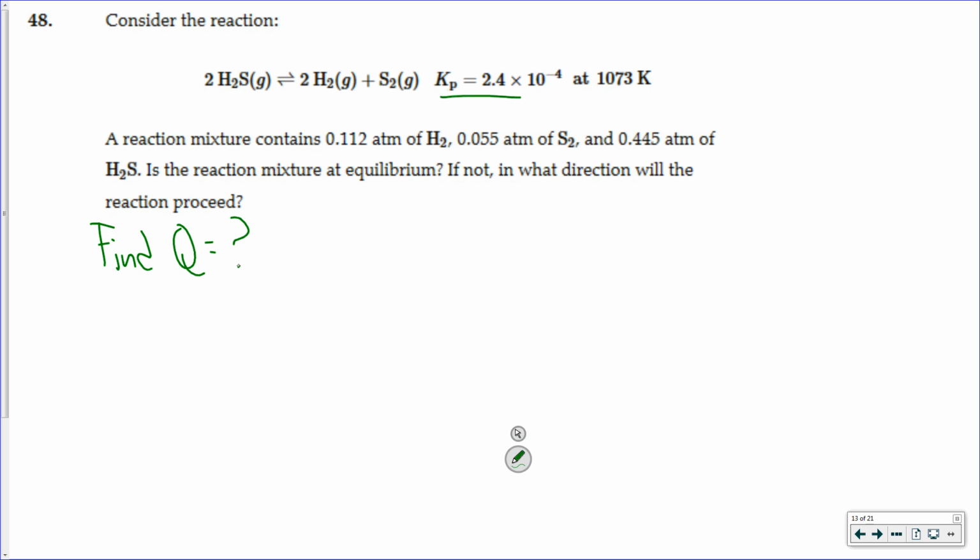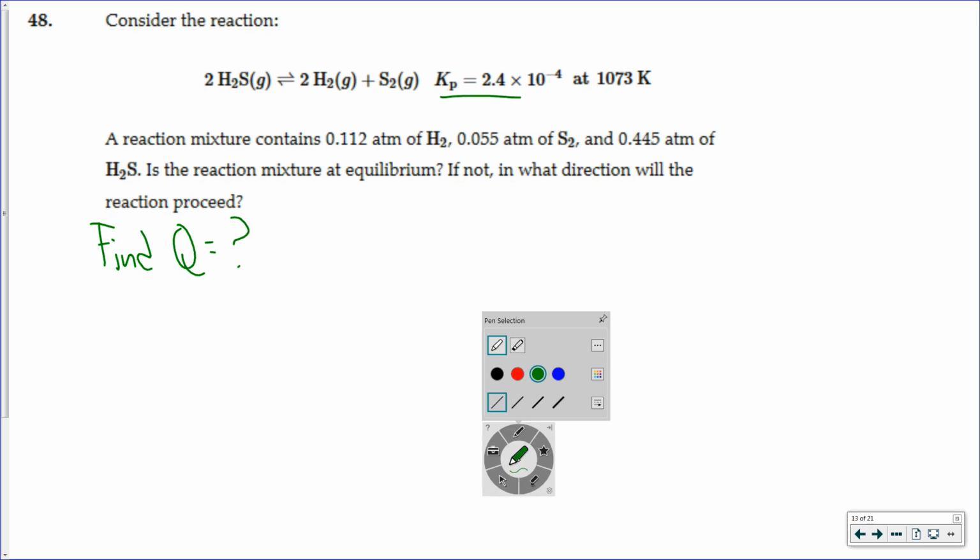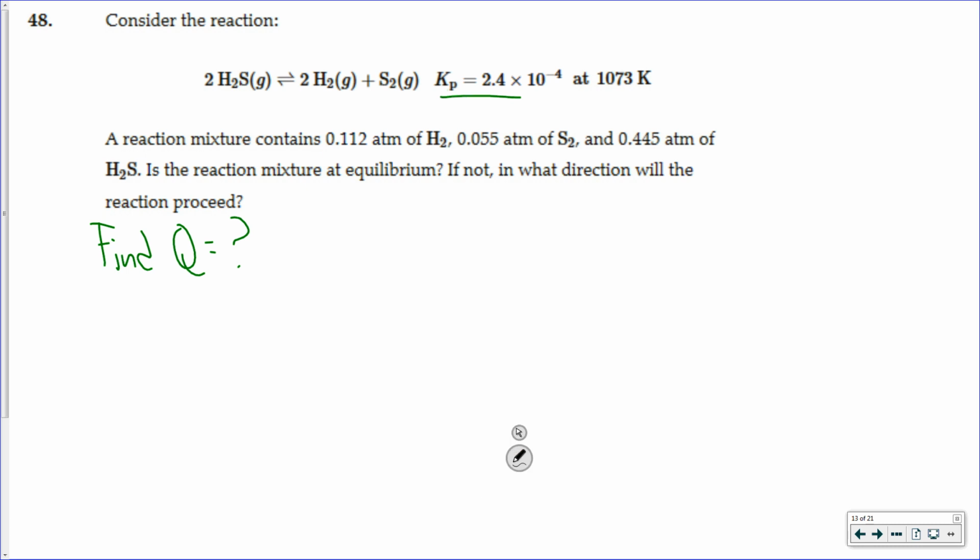So Q is written the same way as K sub P. So it's going to be products over reactants. If we write what Q sub P would be, it would be the partial pressure of the H2 squared times the partial pressure of the S2, divided by the partial pressure of the H2S squared.